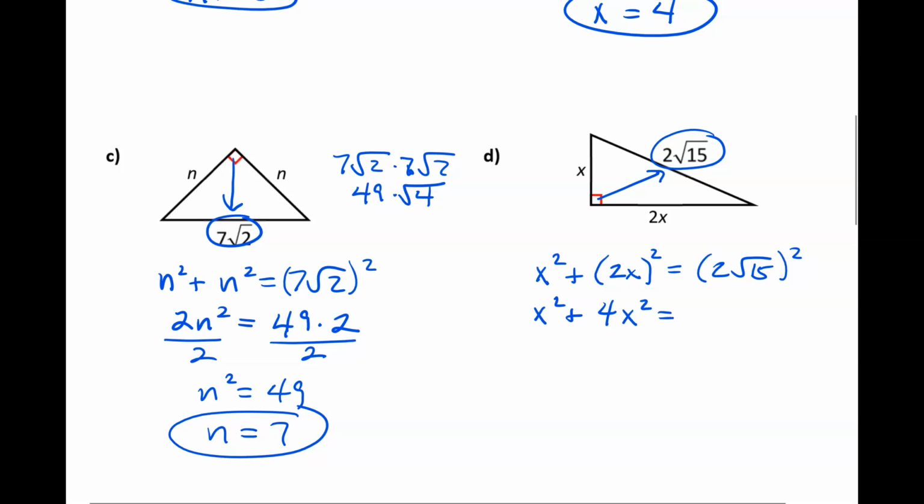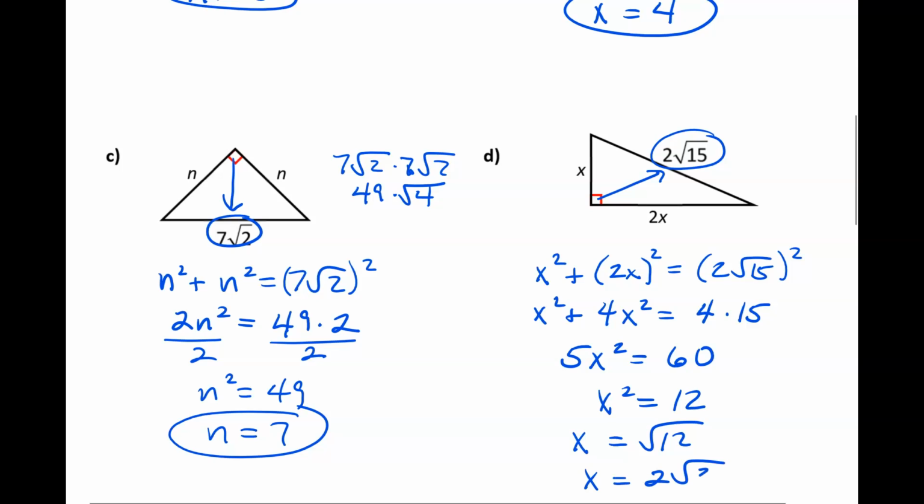And then on the other side, we have 4 times the square root of 225, which is 15. So we have 5x squared is equal to, that'll be 60, and x squared is 12. So x is the square root of 12, and that simplifies to 2 root 3.